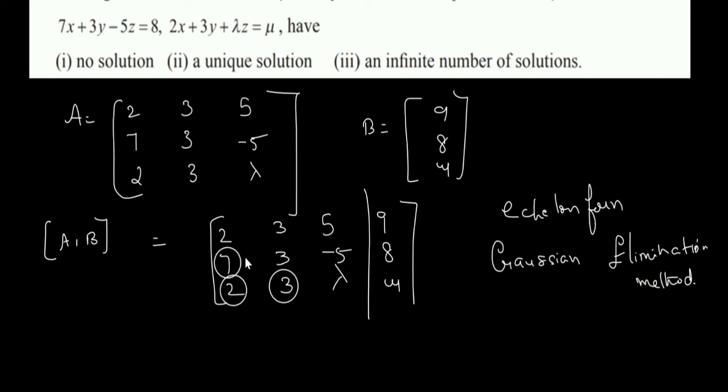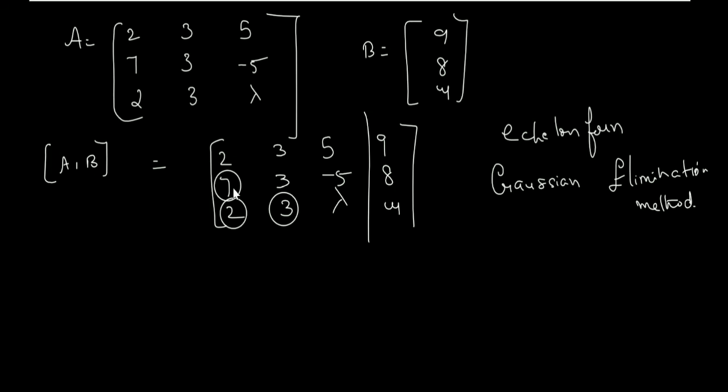No. Then you see if you can divide by 2 and make this 1. If you divide by 2, these elements will change into fractions, so there's no use. So just leave this element as it is. Now we are going to make this 0. How do you make this 0? You can find the LCM of 2 and 7, that is 14. So multiply this by 7 and this by 2.